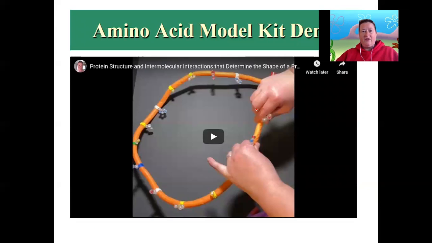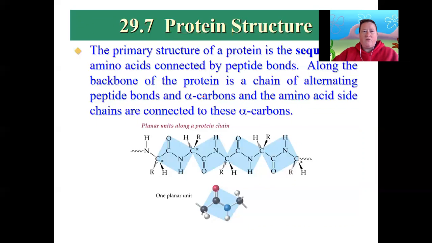So if you're one of my students and you haven't been able to interact with this model kit in class, or you haven't seen this video, this is a video that talks about what determines the overall shape of a protein, and it's a really good segue into the next topic, which is protein structure.